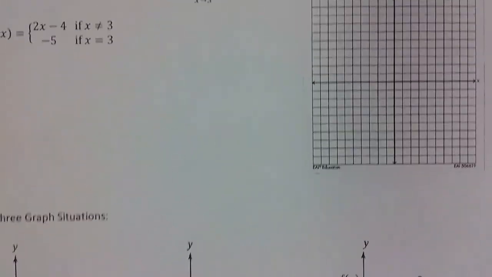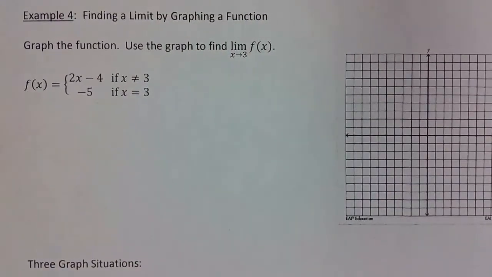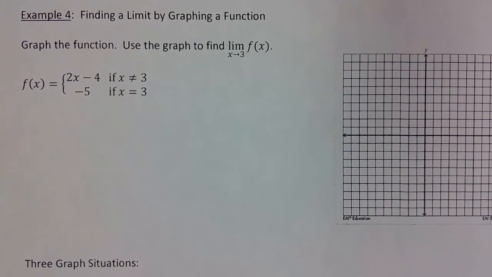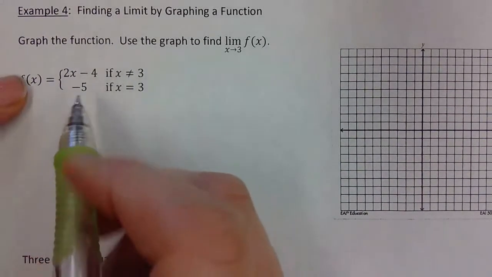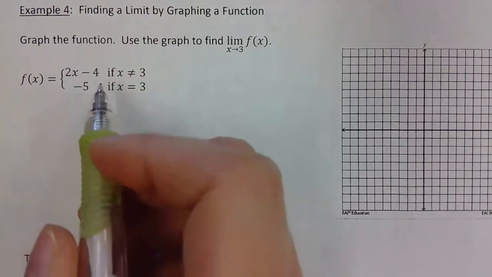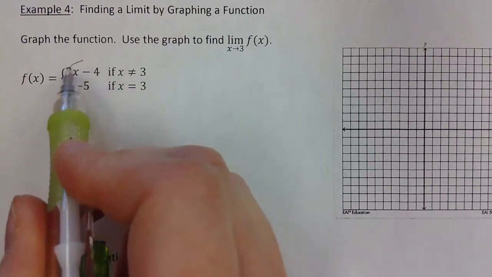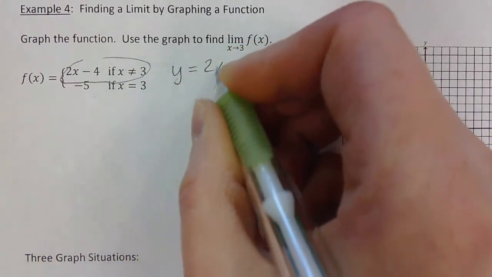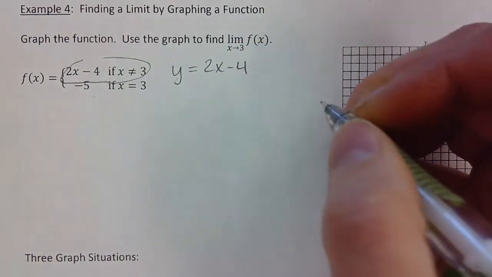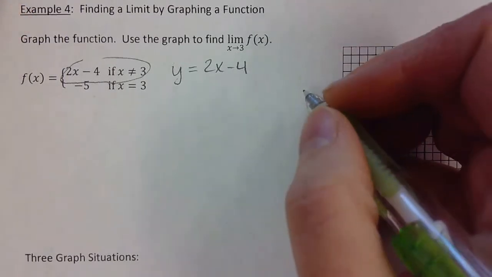So on the next one, we are looking at actually doing our own graph, and it is a piecewise function. On a piecewise function, I know that what I'm really doing, and I don't know why this notation still seems to be bothering people, but I look at this and I really think, well, y equals 2x minus 4. It says if x doesn't equal 3.